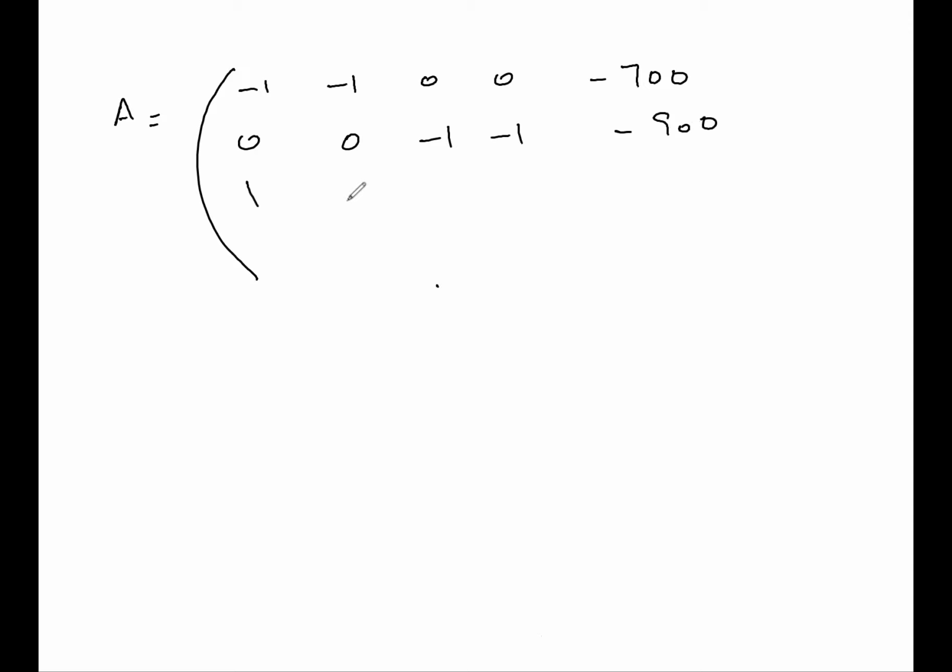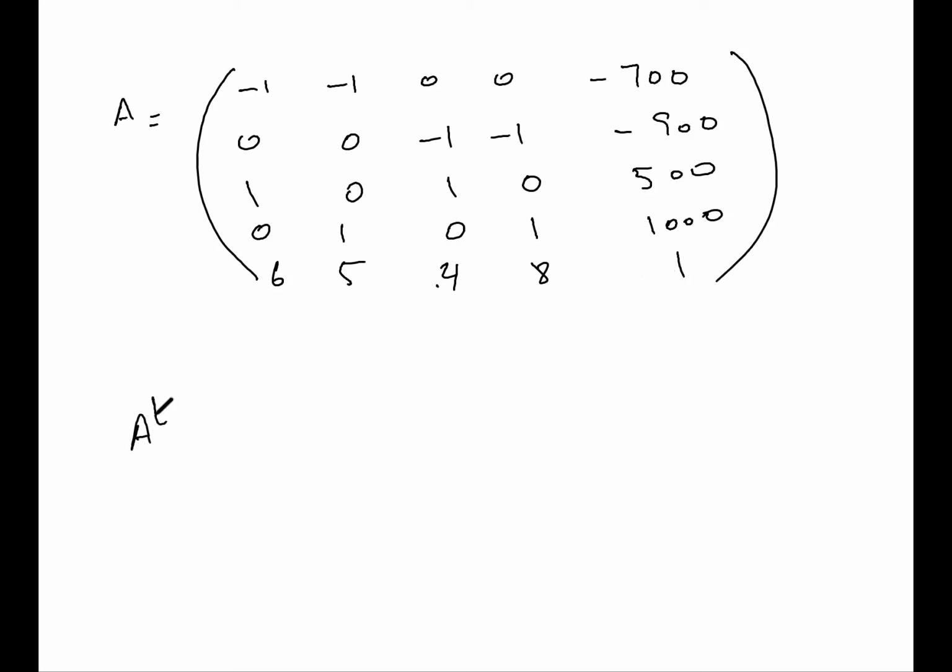The third constraint is 1, 0, 1, 0, and 500. And the fourth constraint is 0, 1, 0, 1, 1000, and the last one is 6, 5, 4, 8, and 1.